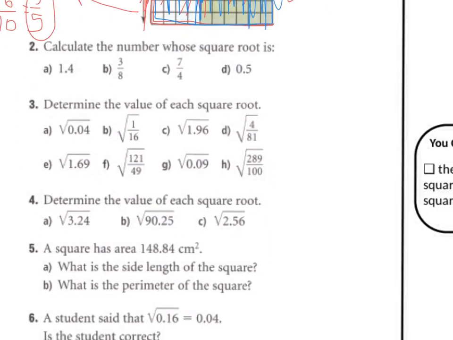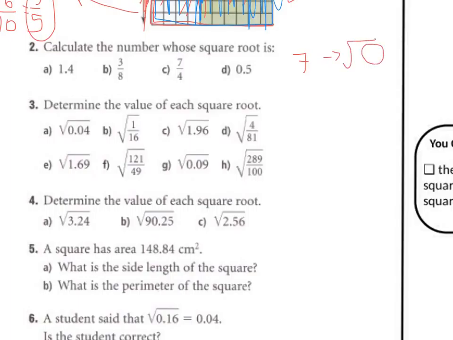Let's move this up. Now it asks us to calculate the numbers whose square root is given. So this means that they already figured out the square root, and we have to figure out what's inside of the radicand. Let me give you a more simple example. If they said the answer was 7, they want to know the square root of what number will give me 7.